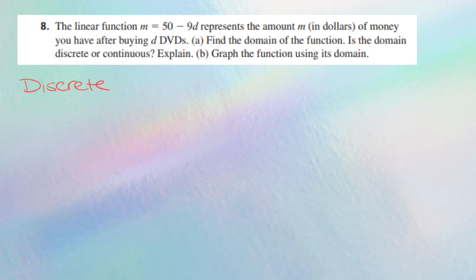He says that he cannot go into the store and buy half of a DVD. So you have to think of the situation. If it's continuous, it means you can break it. So that means this is discrete. And what do you think my domain is going to be here?